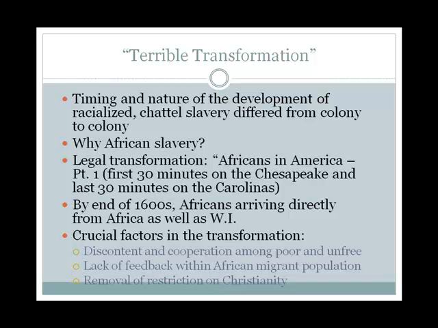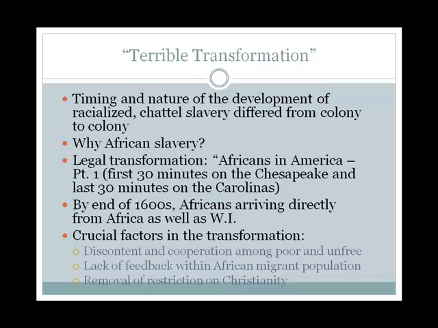If you're poor and you're black, and you're poor and you're white, poor landless white, poor landless black, there's a possibility of cooperation that does not really please the landed people in the colonies.